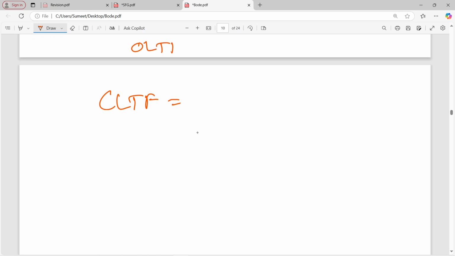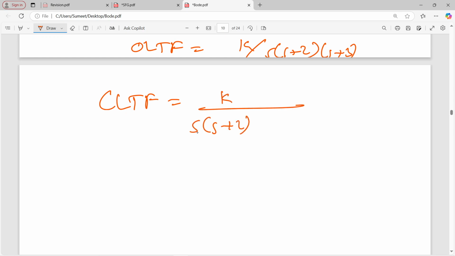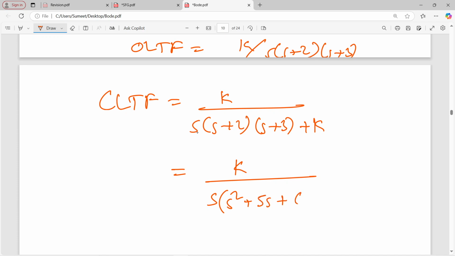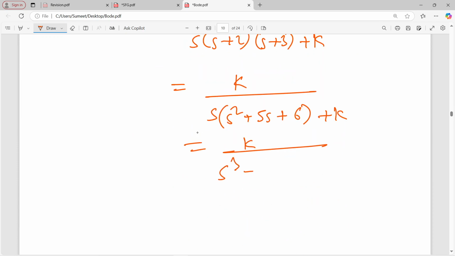This is the open loop transfer function k upon s (s plus 2)(s plus 3). So it comes out as k upon s square plus, just multiply, this becomes 5s plus 6, plus k. So it is nothing but k upon s cube plus 5s square plus 6s plus k. So this is the closed loop transfer function.